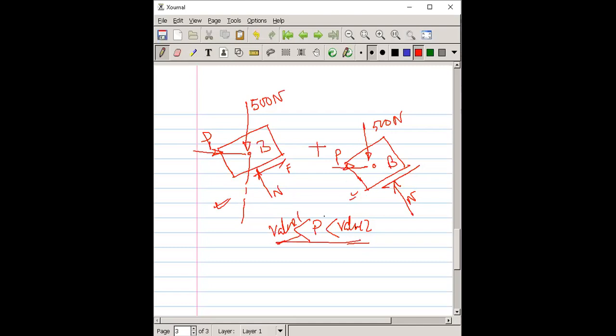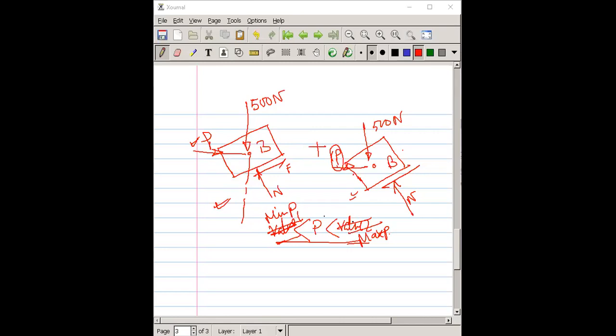It means you have to apply some value of P so that this body tends to move upward, and this is your applied P. This is the minimum P actually, so instead of value, I think it is better to say minimum P. This one is maximum P. So the minimum value of P should be that amount such that you just resist this body from moving in the downward direction. Is my concept clear?